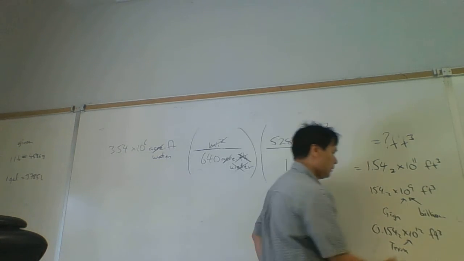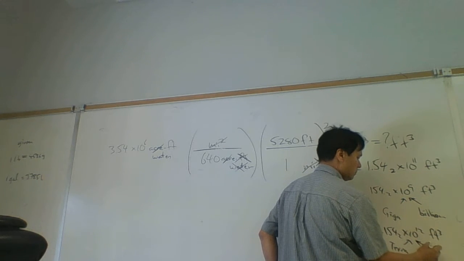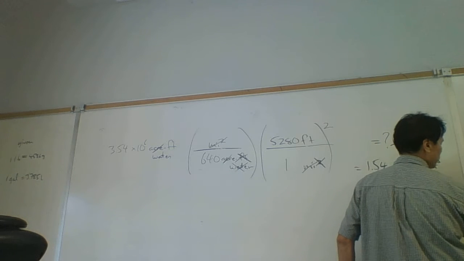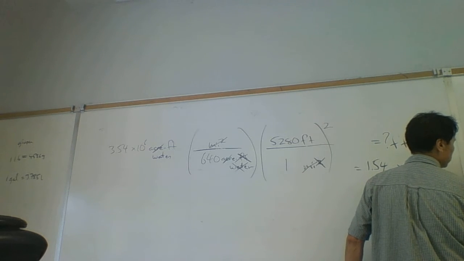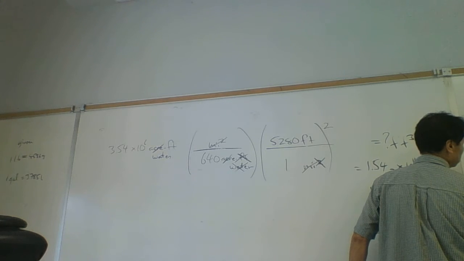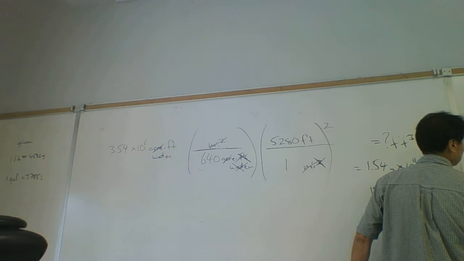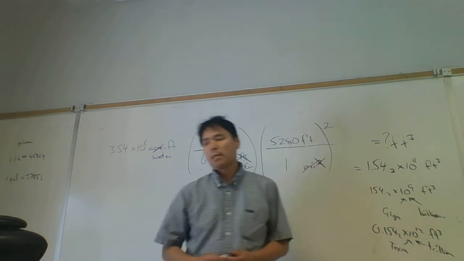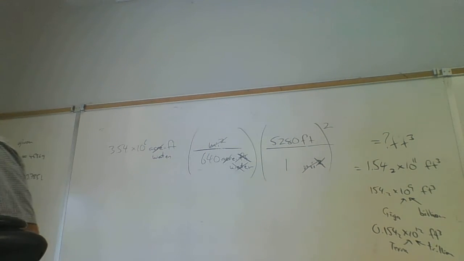Or we could say trillion. And so this is equal to 0.1542 trillion cubic feet of water. And so those are some variations of dimensional analysis that you might run across here.